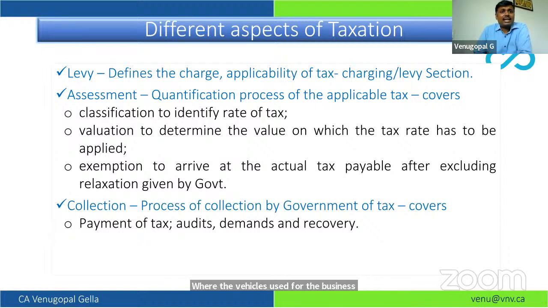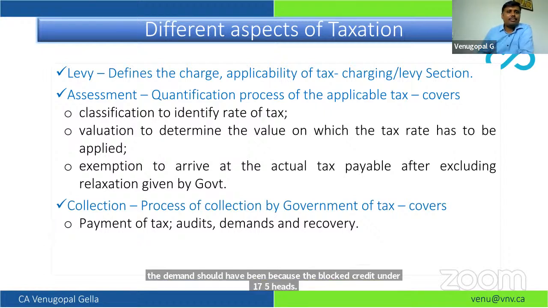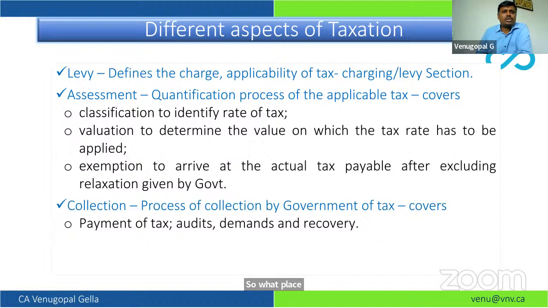Well, the dealer is in the business of selling vehicles, so the demand should have been under the blocked credit in 17(5)(h). So what plays an important role in response to any notice is understanding whether the principles of taxation are there or not, right?